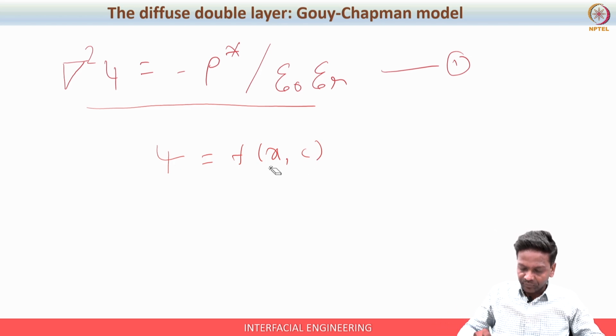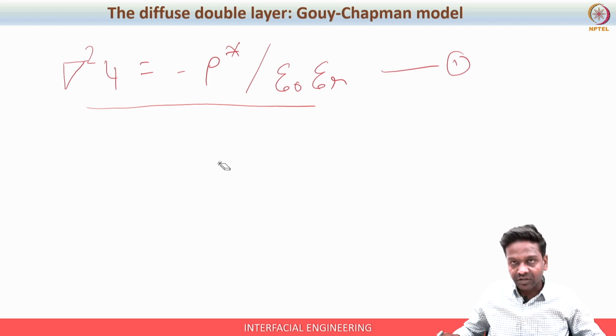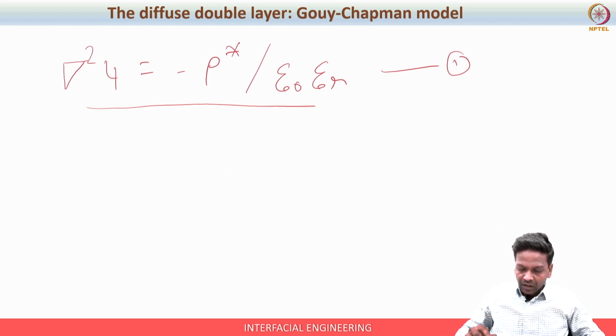Our first step will be the Poisson equation, which we have written here. When we talk about the diffuse nature of ions, there is thermal diffusion, and the distribution of ions will be random. Let us say we have a surface.